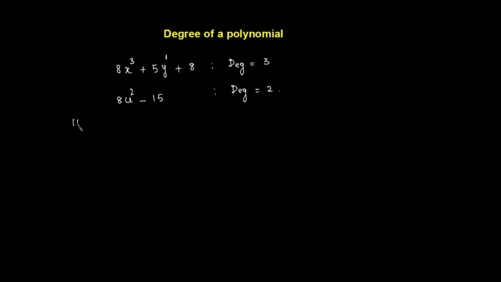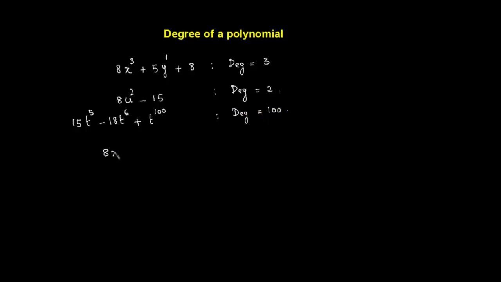Consider 15t to the power 5 minus 18t to the power 6 plus t to the power 100. Here the variable is t and the highest power to which t is raised among all these three terms is 100. Therefore, the degree of this polynomial is 100.